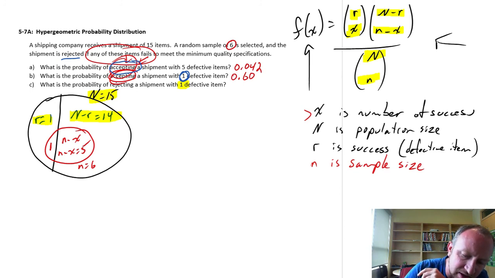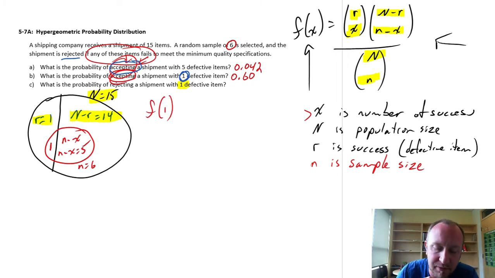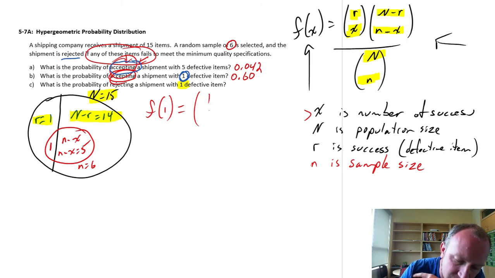Okay, now what we need to do is calculate the probability of getting that 1. Let's just write it out here. 1 and 1, 14 and 5, 15 and 6.